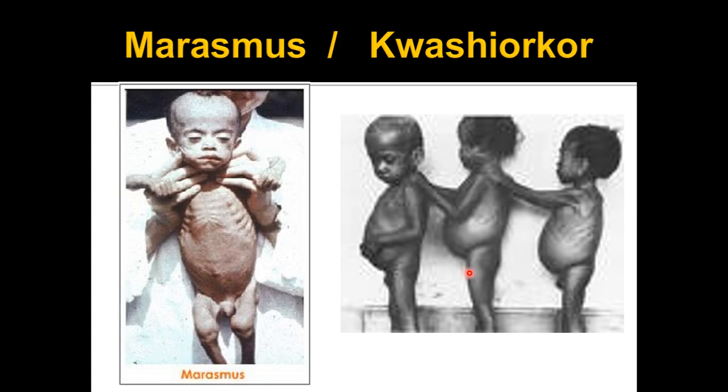So a couple reasons why. We see this in areas of the world where starvation is a big concern, where there's not enough nutrition for babies in particular. And so if a mother has a baby and cannot supply breast milk or any sort of food for that baby, we would see marasmus.